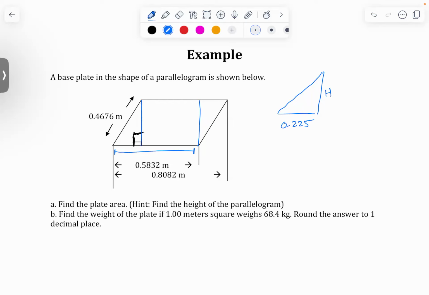Then I have the height, and I see that I have 0.4676 for my hypotenuse. I am told that is a right angle. And so then I can solve that using our best and favorite theorem, Pythagorean theorem.